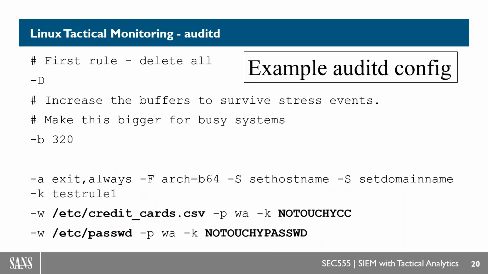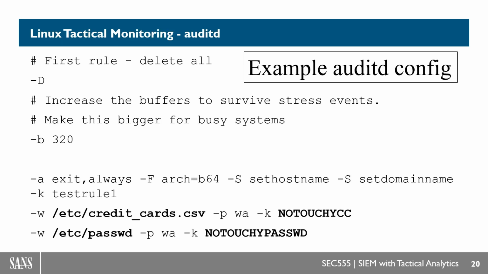Now, this technique's so cool, I'm going to call it out on Linux too. On Linux, if you install auditd, which comes in a lot of distros, you just apt-get install or yum install auditd, boom. At the bottom, in the sections that are bold, you create rules like this: /etc/creditcards.csv or /etc/passwd.